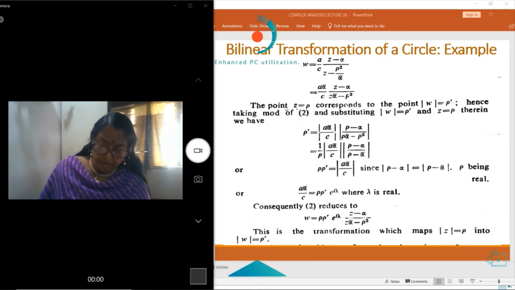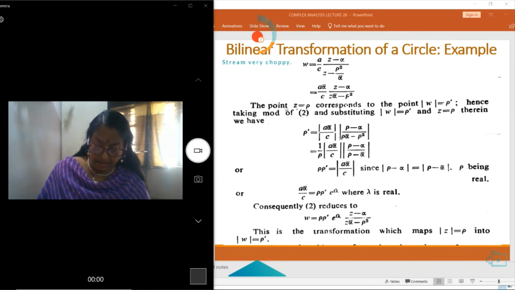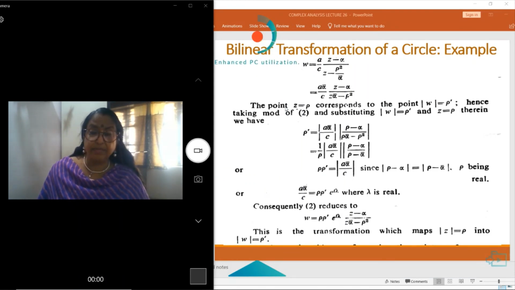Hence, by the theorem, w is equal to what you can see on your screen. So students, today this much only.